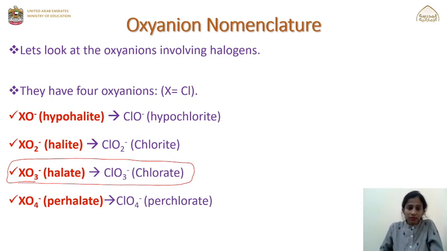If you remember the formula for the halate, then the pattern can be used to memorize the other oxyanions. If you look at the list here, from chlorate to chlorite, you can see that the difference in oxygen is one oxygen less.